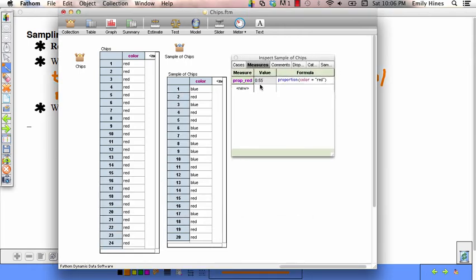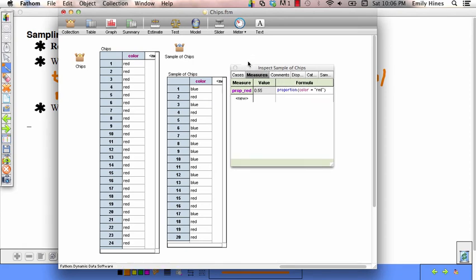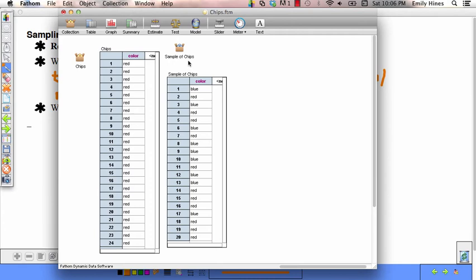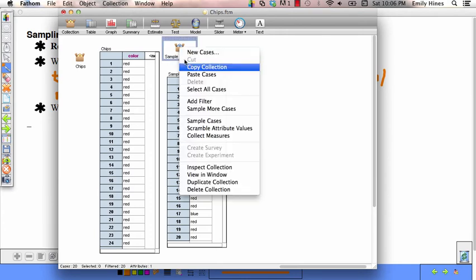So you see this value here tells me that approximately 55% of my chips are red in this case, so 0.55.